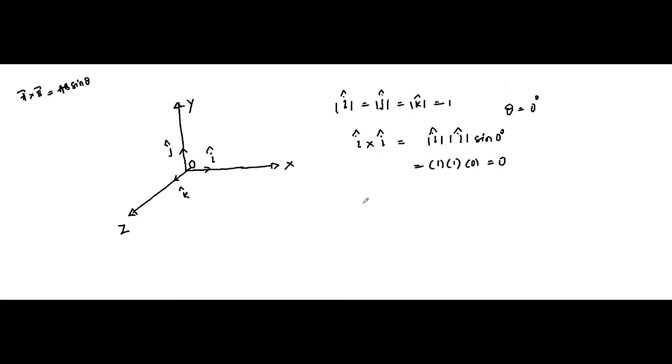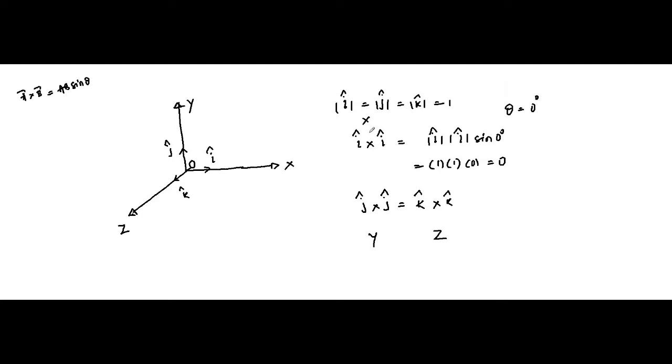Same goes for the cross product of j vector with itself and the cross product of k vector with itself, because they are all in the same direction. J vector is in the direction of the y axis, k vector is in the direction of the z axis, and this is in the direction of the x axis.